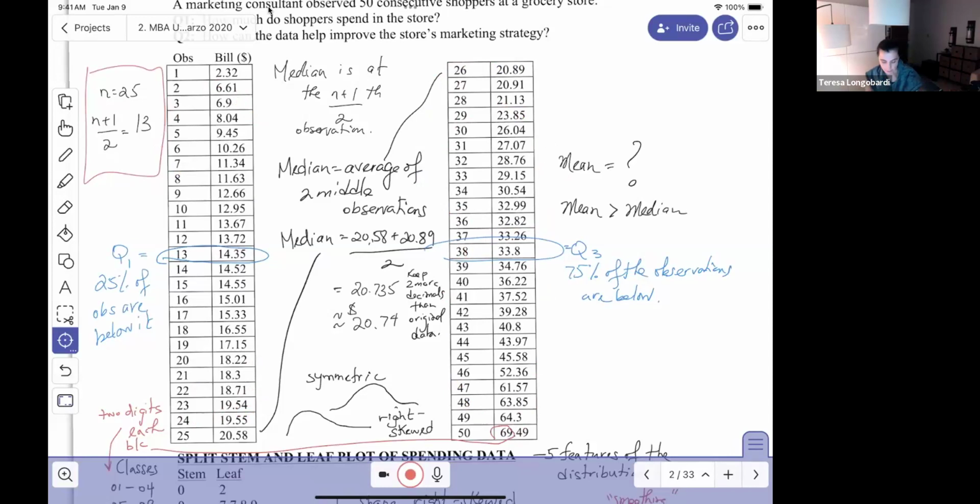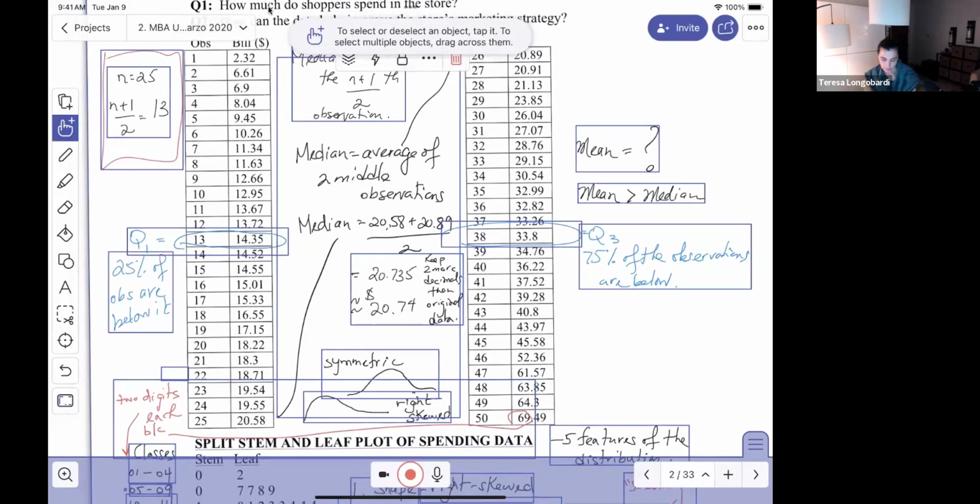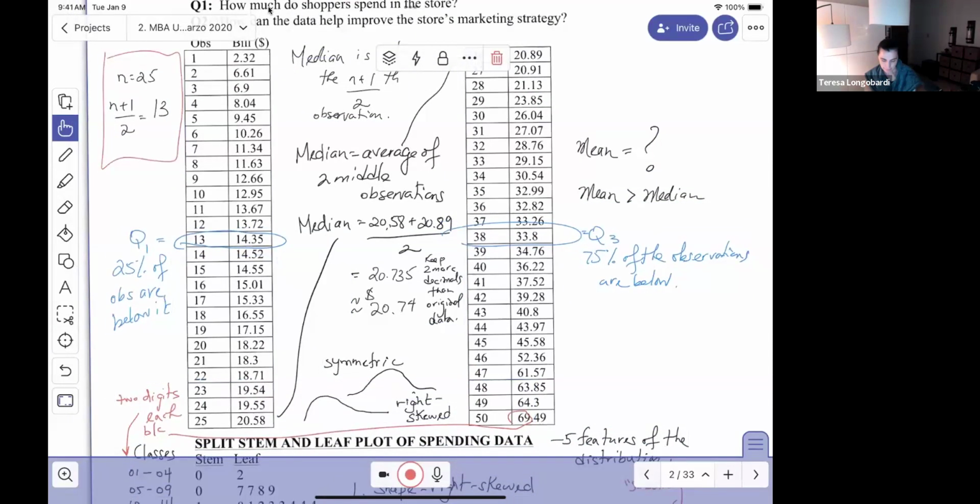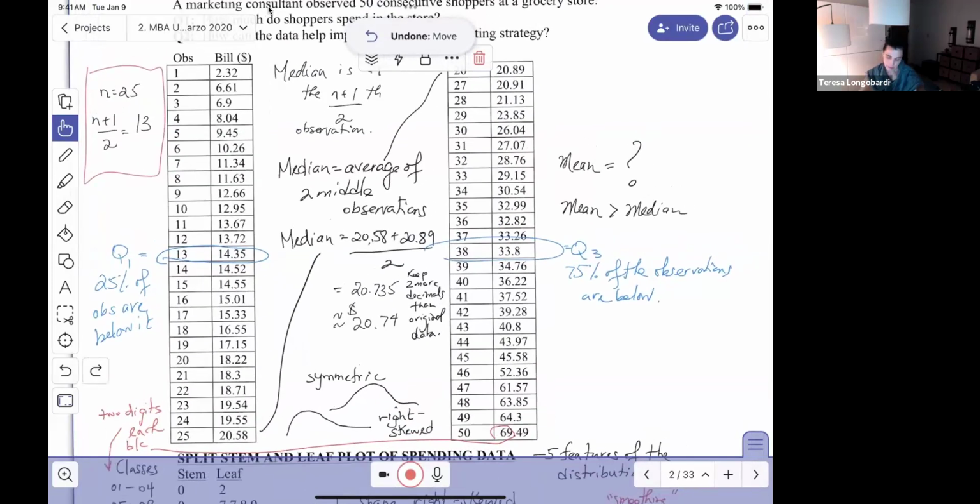So now we're going to transfer these numbers, 14.35 and 33.8. Oops. That separates my data.